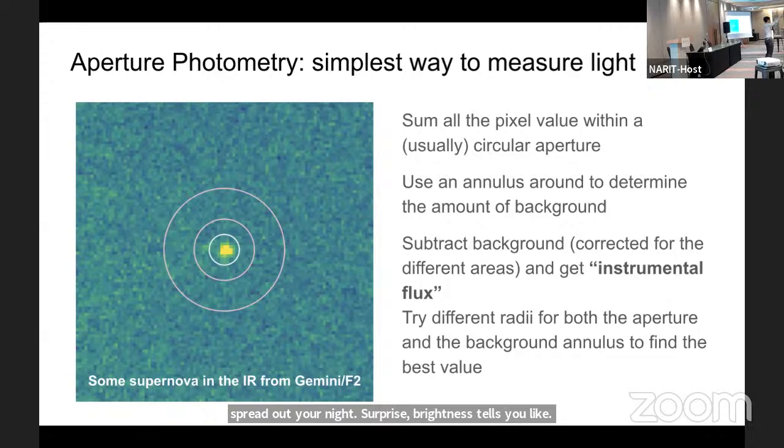Say if you have a box of 1 by 1 arcsecond, how much light comes from that? That's surface brightness. And then bolometric magnitude is everything in the sense that it covers all wavelengths. So say if you have a magic photon detector that can detect anything from gamma ray all the way to radio, and you use it to observe your source, that observation will give you a bolometric magnitude.